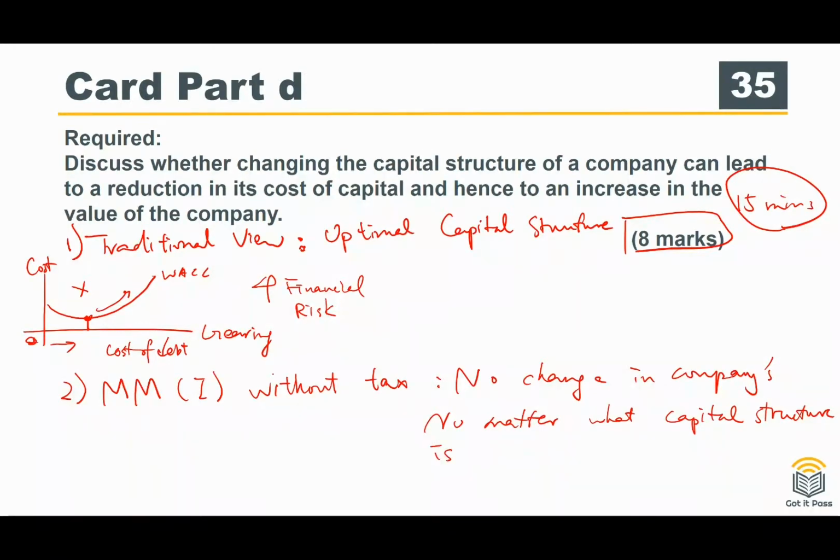Here, because the WACC is flat, the WACC is flat. And the cost of equity keeps going up, even though it assumes the cost of debt is flat as well.